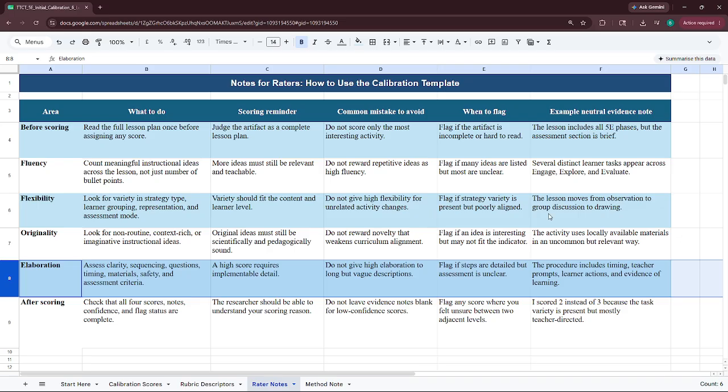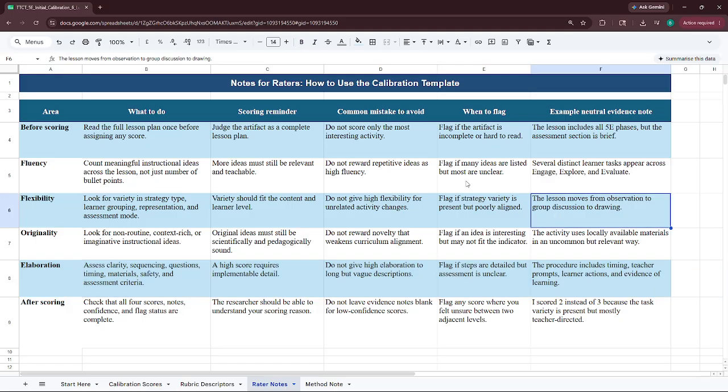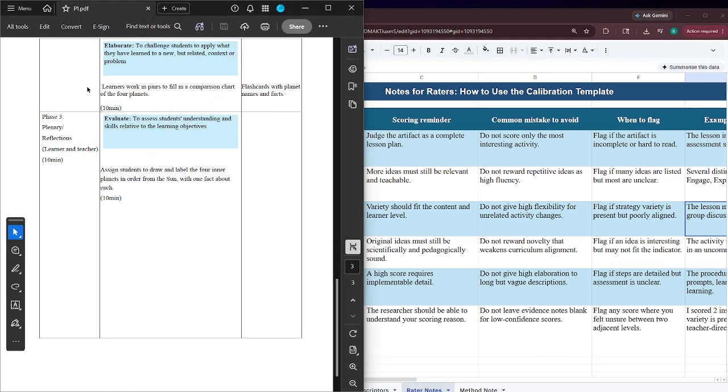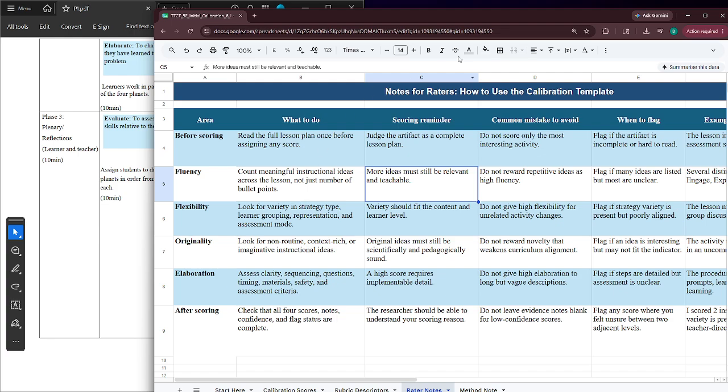So this is an example of how you could write the evidence note. Maybe the lesson moves from observation to group discussion to drawing, something like that. Okay, so let's check how flexibility was demonstrated in the lesson plan. So remember what we are looking for.